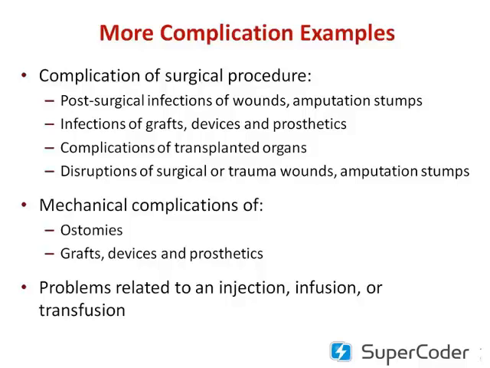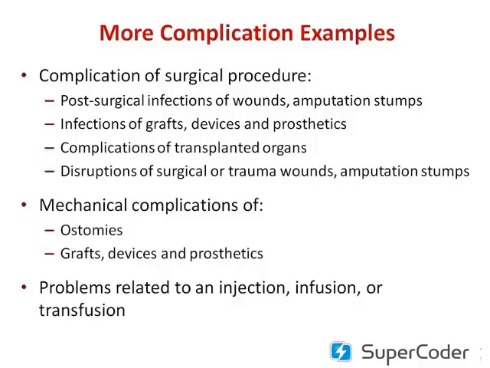We can have disruptions of surgical or trauma wounds or amputation stumps. We're going to see some 998.3x codes for general surgery and for post-trauma wounds. And for amputation stumps, as an example of a specific, the code would be 997.69.